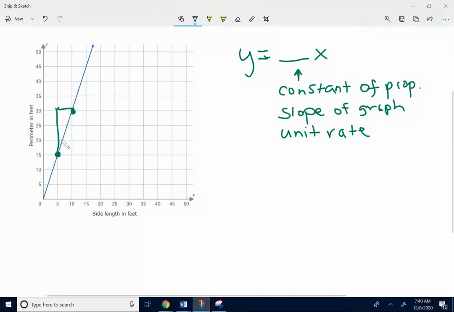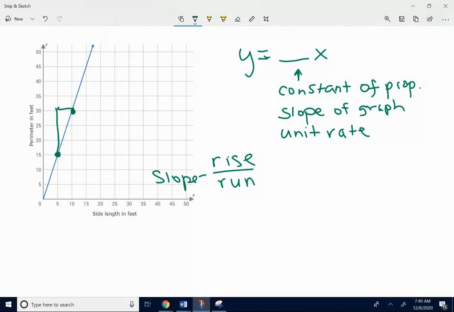So look at this. Well, let me write this. Rise over run. Okay, the slope is rise over run. Notice the y-axis is counting by fives. See how we're making jumps of 5? So when we rise to get from the first point to the second point, we're really rising 5, 10, 15 in perimeter.